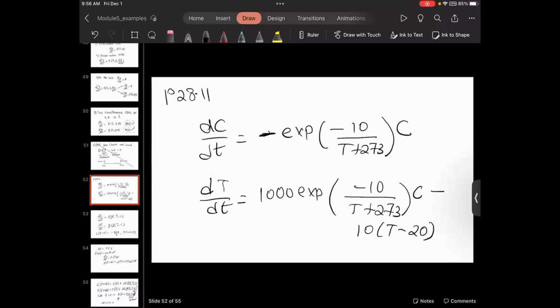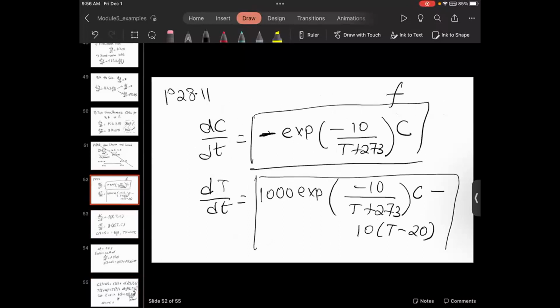So you go back here. This is your function f, and this is your function g. In here you have to use temperature at time 0 and concentration at time 0, which is what? Temperature at time 0 is 15 degrees Celsius and concentration at time 0 is 0.1 gram moles per liter.